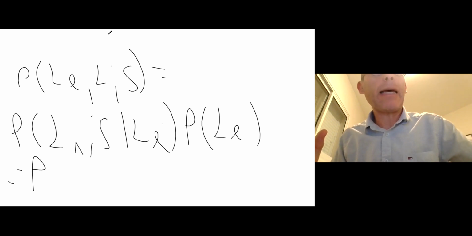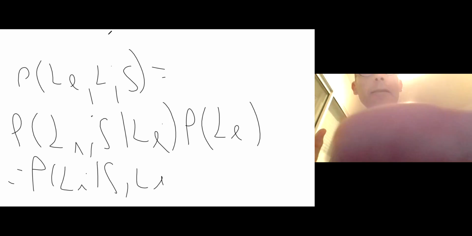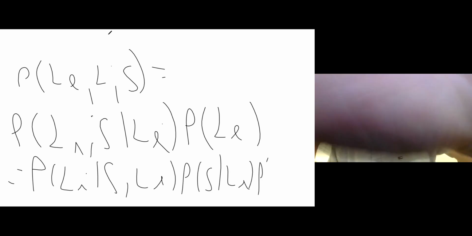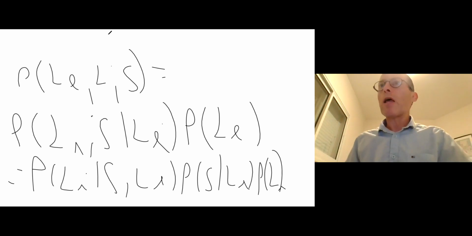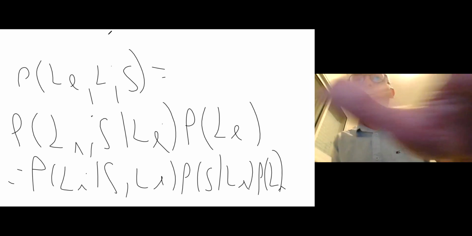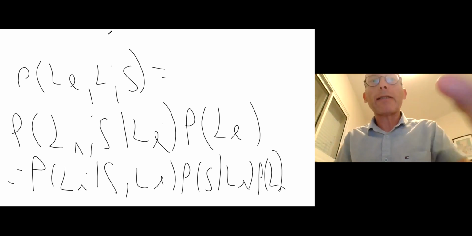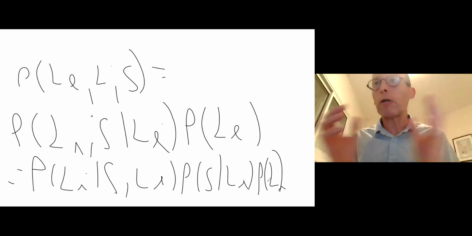Now this is P of Li conditioned on S and Le, P of S conditioned on Le, P of Le. Right, this is true for any 3 variables. Okay, so this requires 7 parameters. Why? This part here requires 4, this requires 2, and this requires 1, so a total of 7.